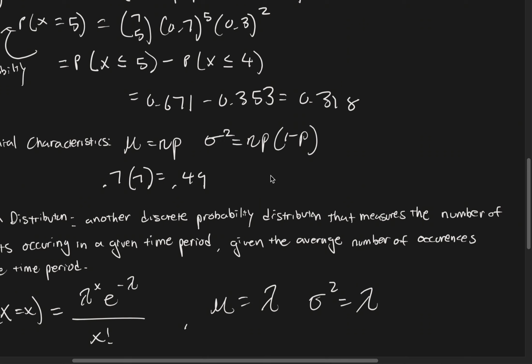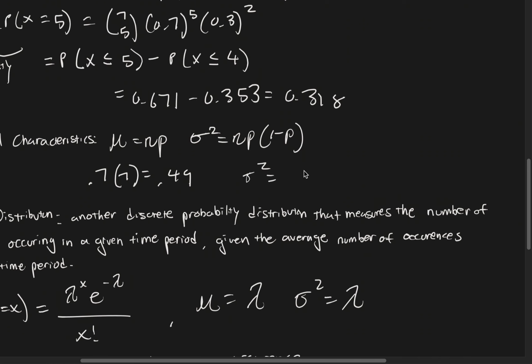And then the variance, which is 7 times 0.7 times 0.3. I don't have that on my notes, so I'm just going to calculate that real quick. Okay, 1.47.